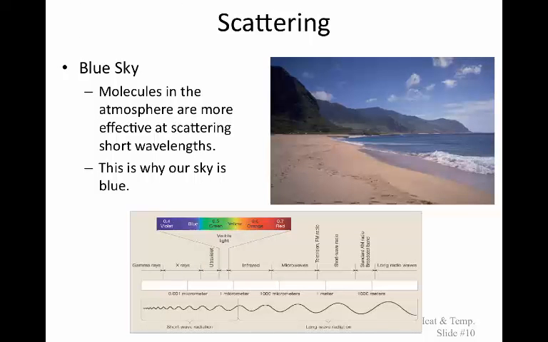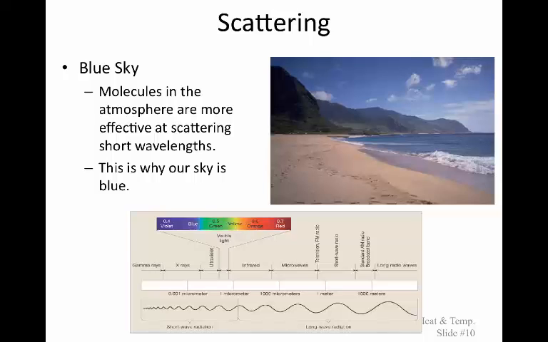So scattering is actually interesting in and of itself, because what that produces is the blue sky that we see during the day when there's no real clouds out or very few clouds out. Basically, we get blue sky from scattering because the molecules in the atmosphere are actually more effective at scattering short wavelengths.